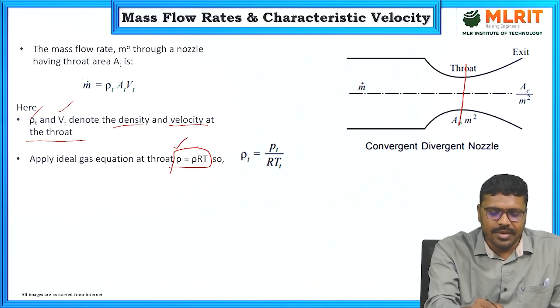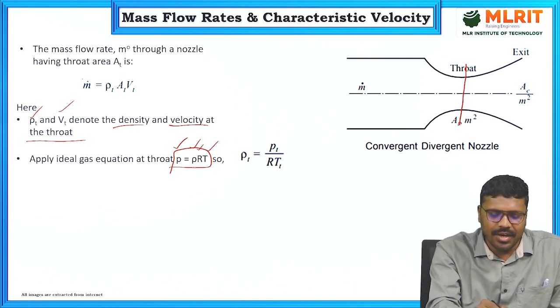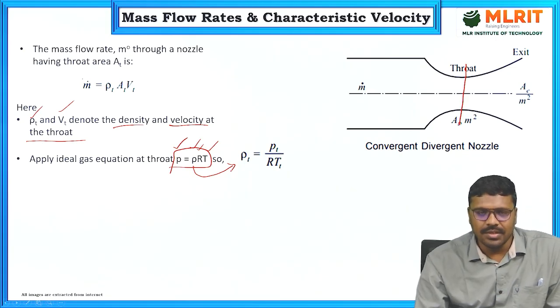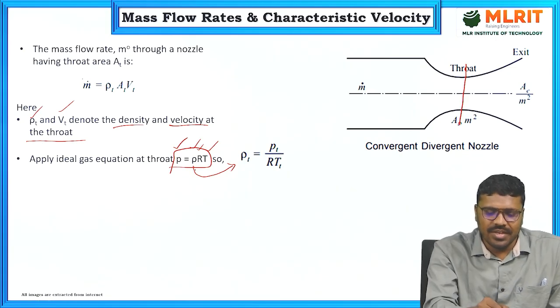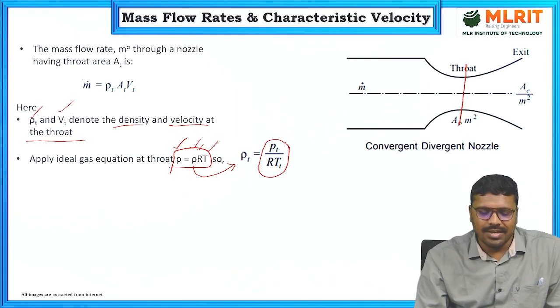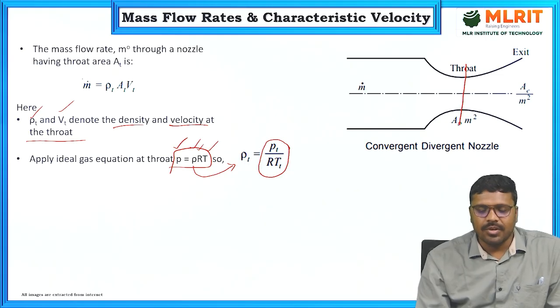Pressure is equal to density into gas constant into temperature. From this equation, we can write an equation for the density at the throat. Rho T will be equal to Pt by R Tt.